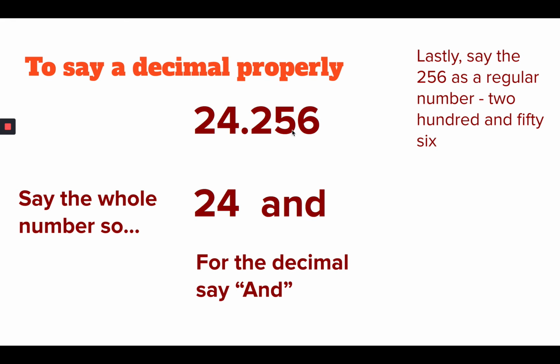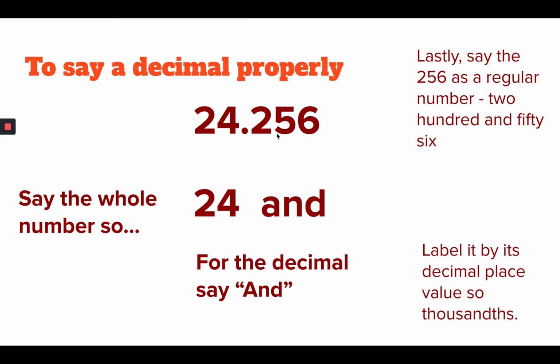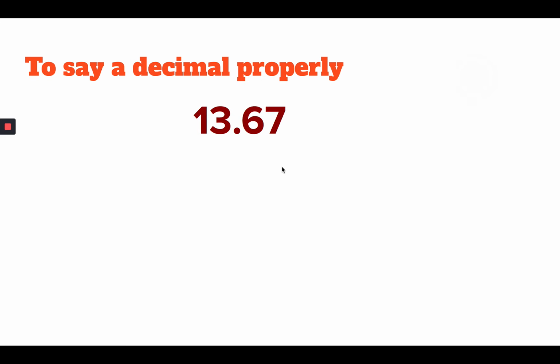Then you just say whatever's left here as though it was a regular number, so 256, and you label it by the place value it ends with. This one ends in the thousandths place, so I would say 24 and 256 thousandths. Again, 24 and 256 thousandths.